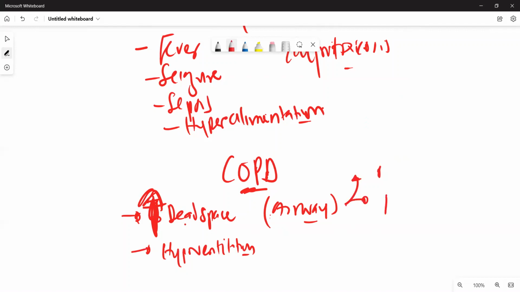And at the same time, I can give them steroids to decrease the inflammation in their lungs. And of course, if I assess them and I see that there is more of an issue with ventilation, the patient is hypoventilating, then they might probably benefit from non-invasive ventilation, like for example bi-level, right?